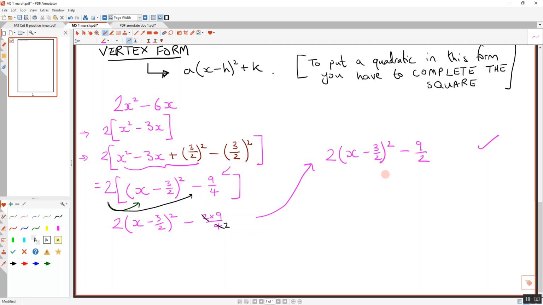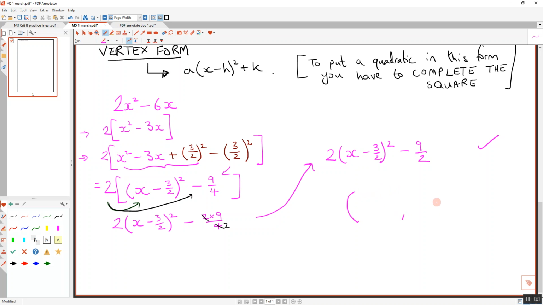Now, looking at our vertex form, why is this important? What does this tell us? It gives us the vertex. How does it give us the vertex? Because negative 9 over 2 is equal to negative 4.5, which is what we got when we graphed it earlier.